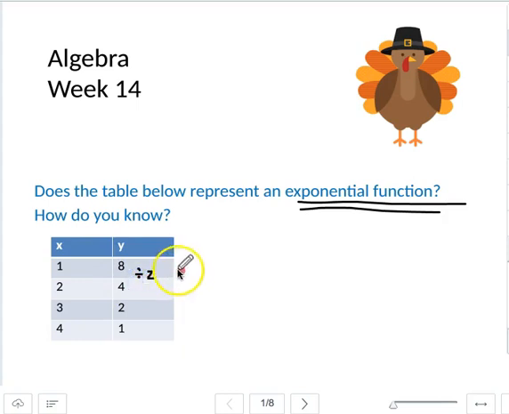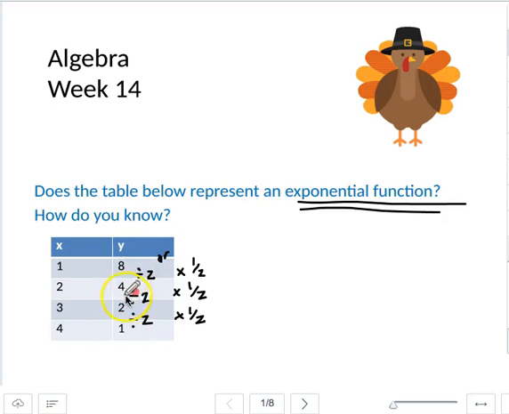Or you could think of it as multiplying by 1/2, either or. Going from 4 to 2, again, we're dividing by 2 or multiplying by 1/2. 2 to 1, same pattern. So the same pattern exists between all of our y coordinates.